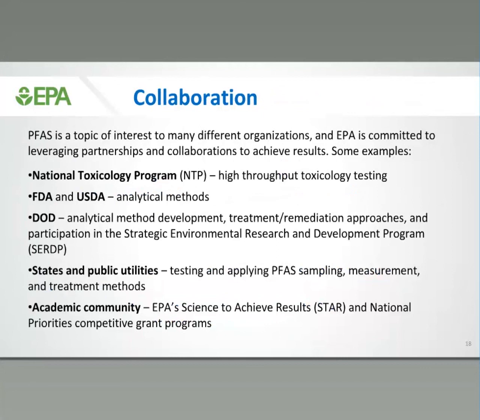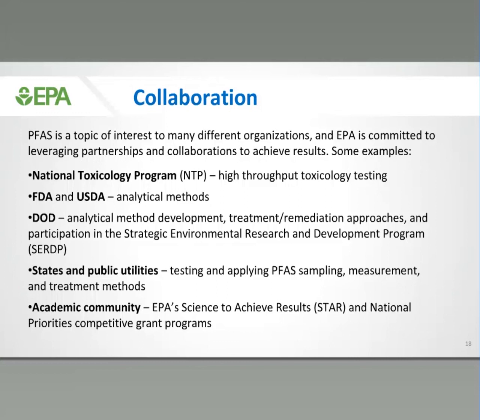We have a lot of collaboration across the federal government, looking at the National Toxicology Program, which works with us here in North Carolina on some of the high-throughput tox testing. We've worked with Food and Drug Administration and USDA on analytical methods, trying to make sure that we have methods that can follow PFAS from the environment into agricultural systems and potentially into the U.S. food supply to the extent that that happens.